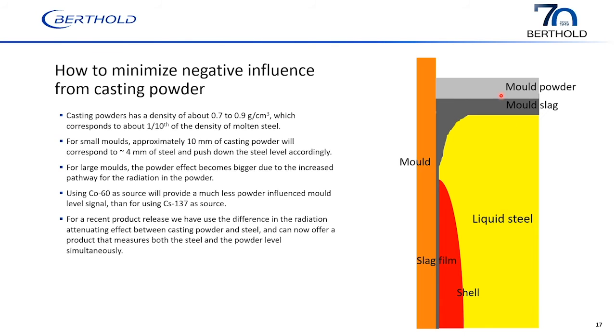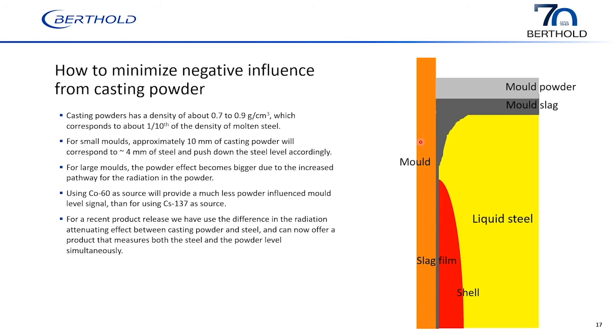That means you get a signal showing this level here and how thick your powder layer is, and also the true steel level. So you get two continuous and true levels from that new product.